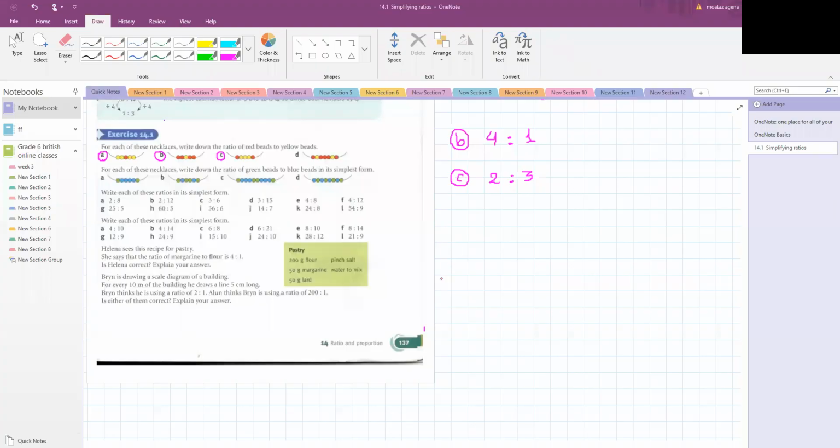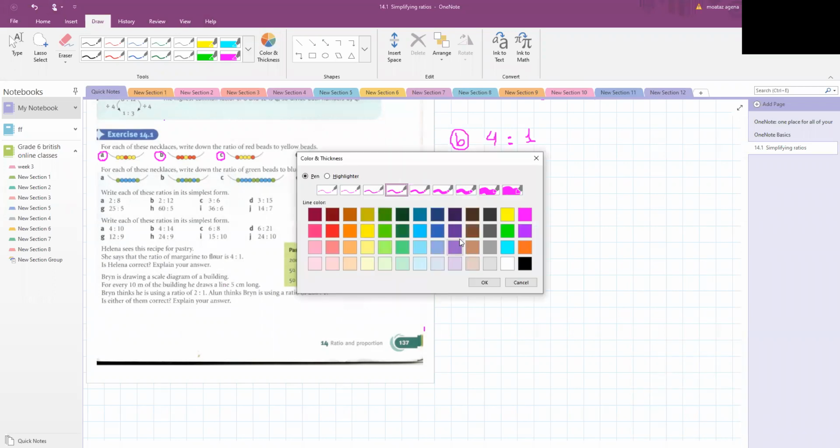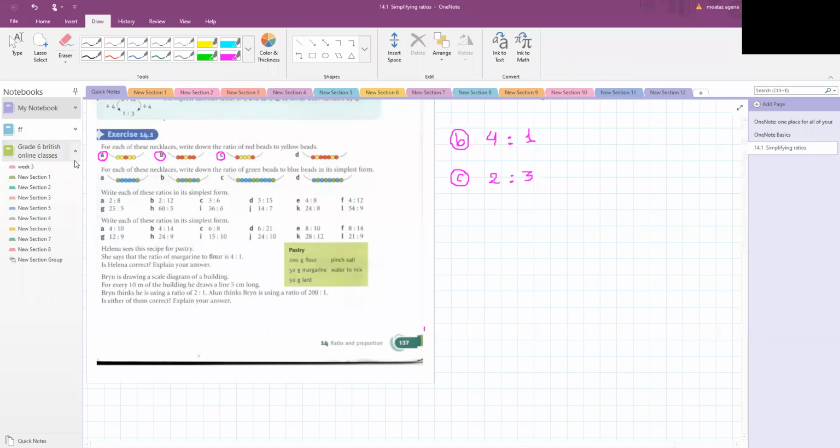Okay, let's go to the next question. Now let's go to question 2. Read this question. For each of these necklaces, write down the ratio of green beads to blue beads in its simplest form.